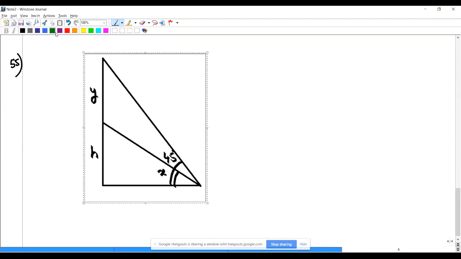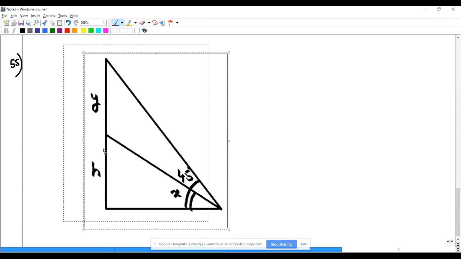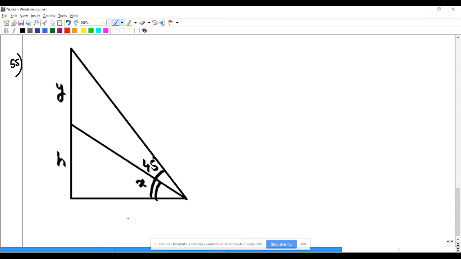So as we know, if this distance I assume it as d, if I apply tan 45, which is equal to y plus h by d, I can say d is equal to simply y plus h.